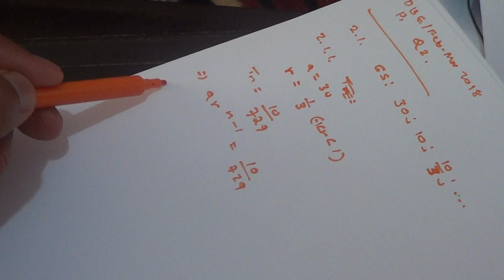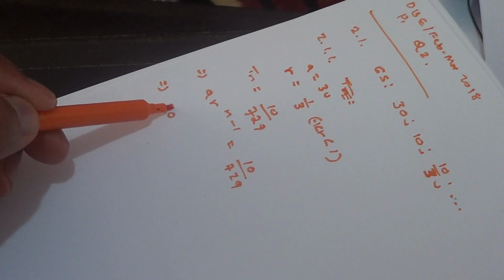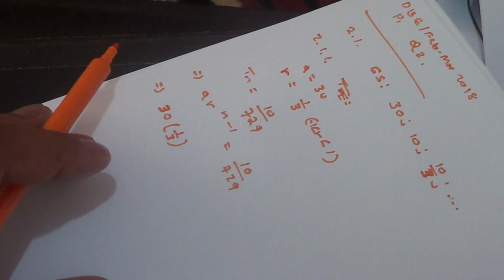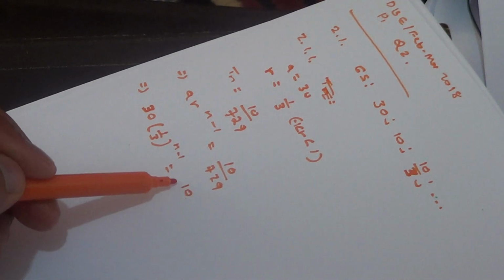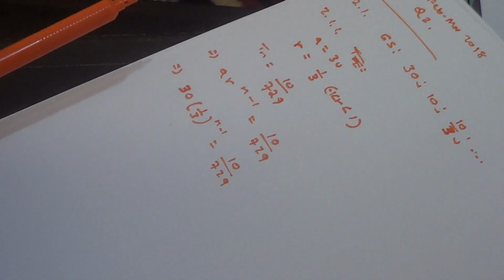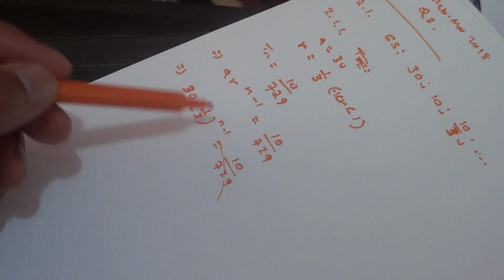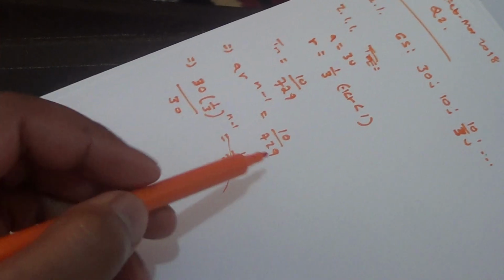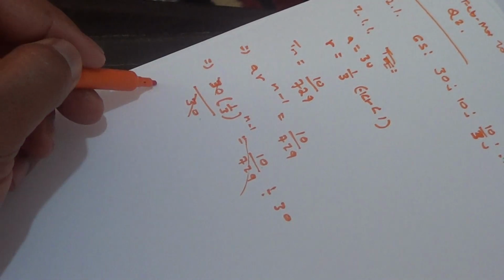Right, which also implies what was A is 30, into R we got 1 over 3, to the n minus 1 equals 10 over 729. Not a problem. So here what we need to do, we can divide by 30. So whatever you do on the left hand side, you must do on the right hand side.